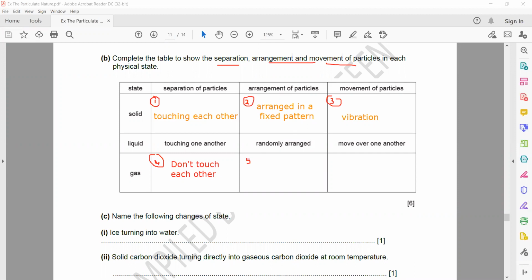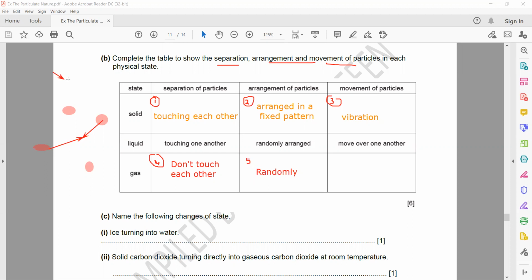Is there a regular arrangement? So particles are randomly arranged in gases. When we compare, the particles are not touching each other. It means the particles are away. They may collide with each other, but they are not continuously in touch with each other.